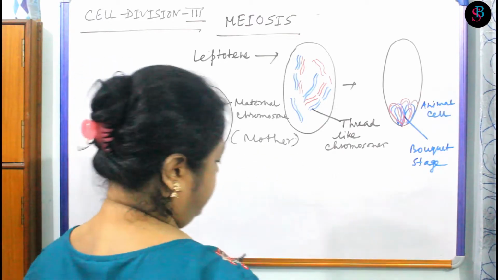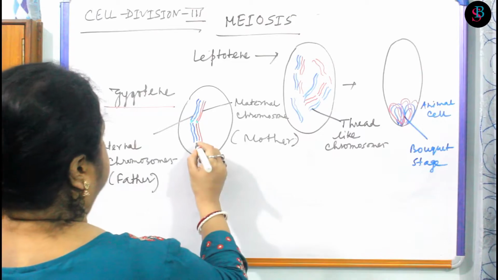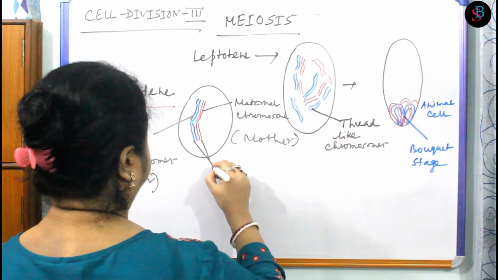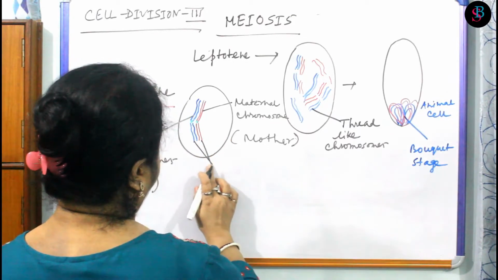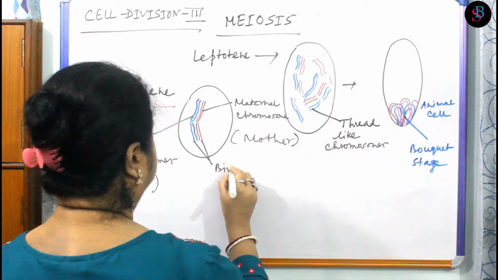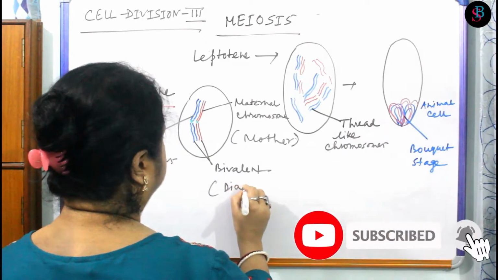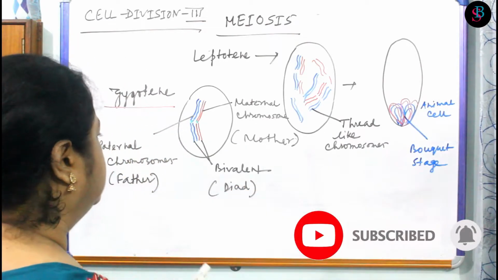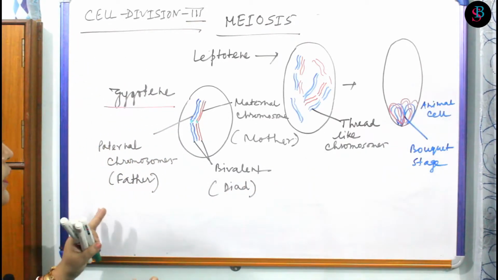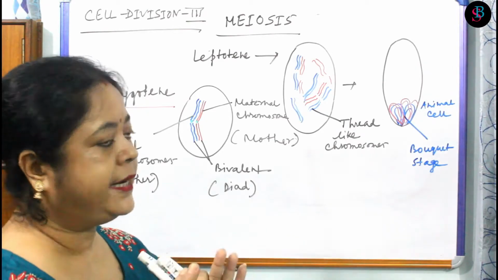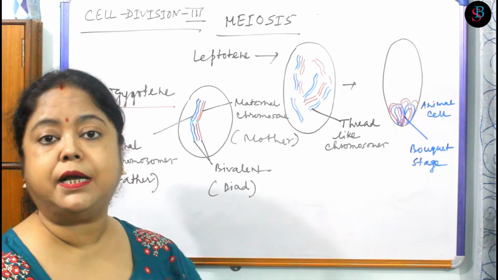Next is, in case of zygotene, this is known as bivalent, or in another word, dyad. Zygotene is the second subphase, and the third is pachytene.